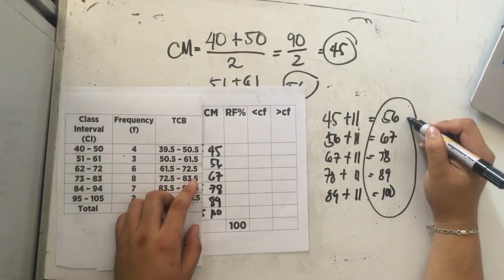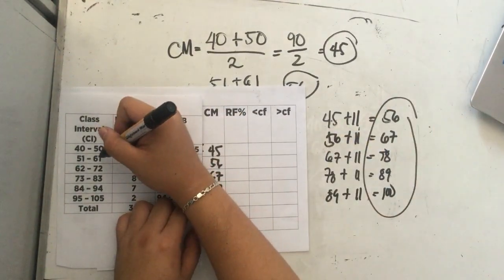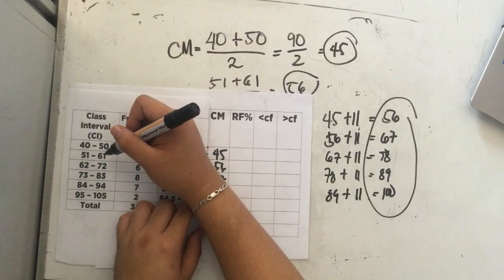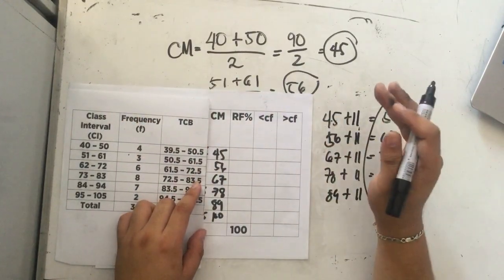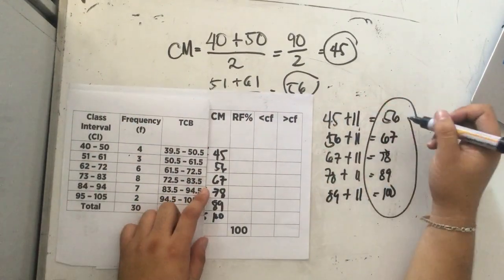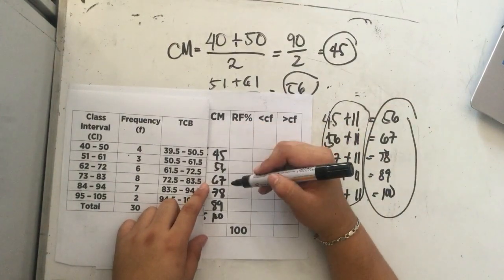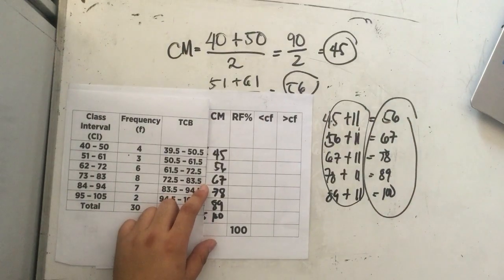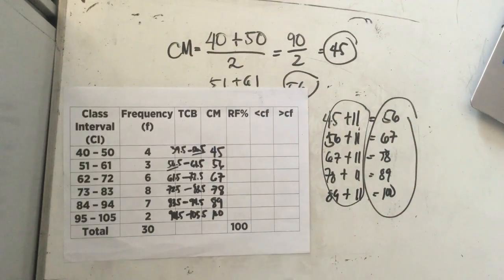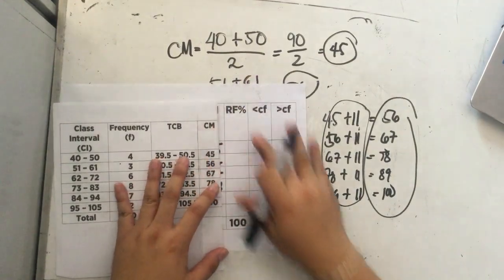So para mas madalian tayo at hindi na tayo mag-compute kung nahihirapan tayong i-compute yung midpoint ng dalawa, we'll use this sequence para makuha si class mark. So we have our true class boundary and our class mark.